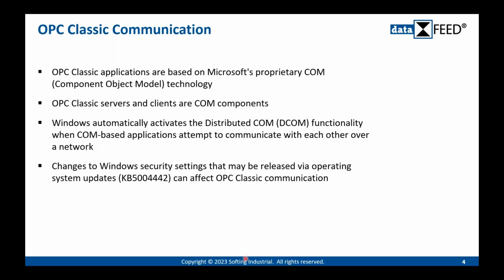Especially now, Windows automatically activates the distributed COM functionality when a COM-based application attempts communication with another over a network interface. This was a topic which was affected by the security issue. Changes to the Windows security settings that might be released via system updates can affect the OPC Classic Communication.